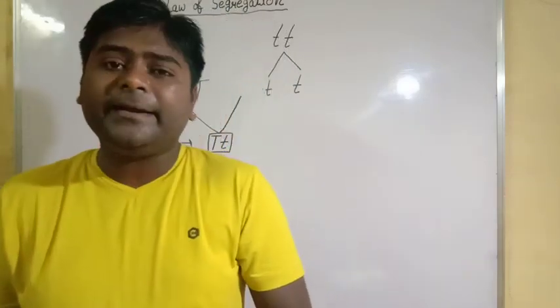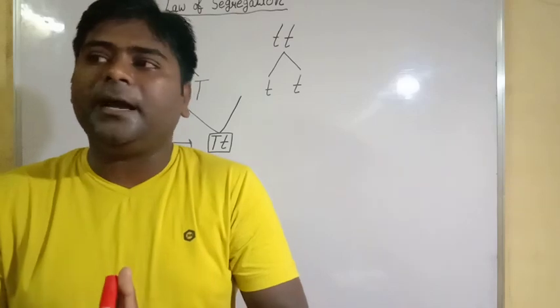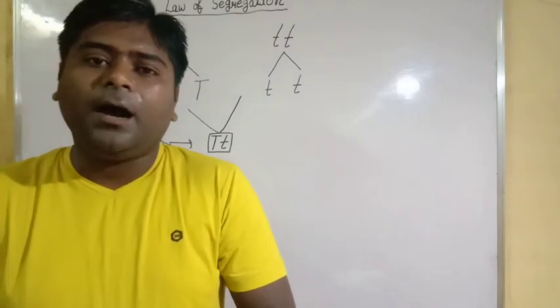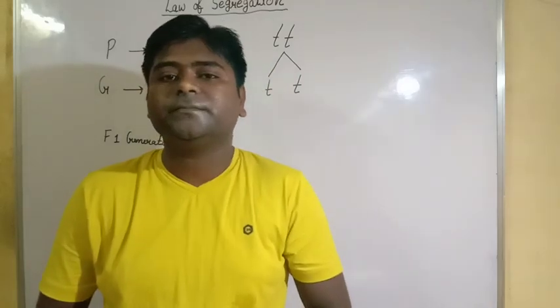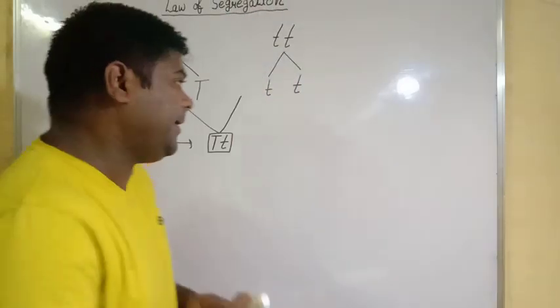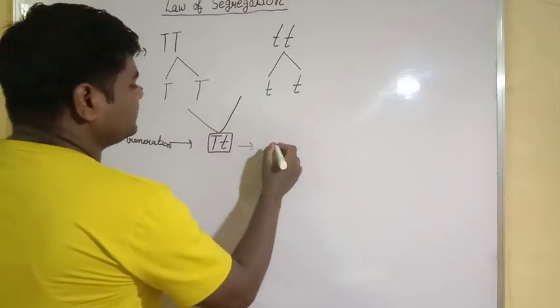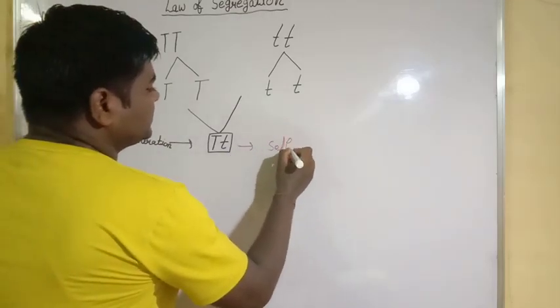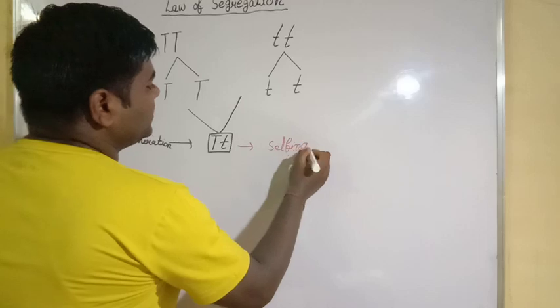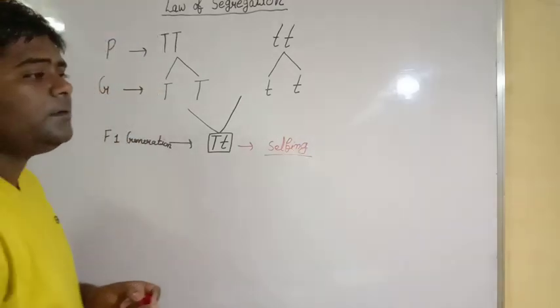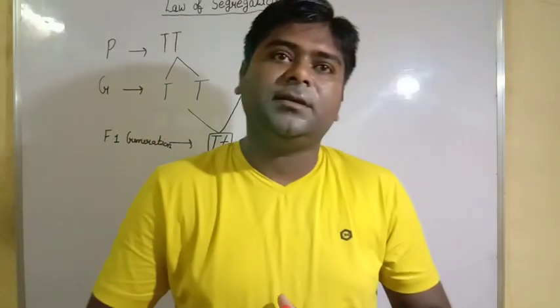So already we discussed pea plants. They are naturally self-pollinated plants. They can do self-pollination. So Mendel did selfing. Selfing is the word for self-pollination.